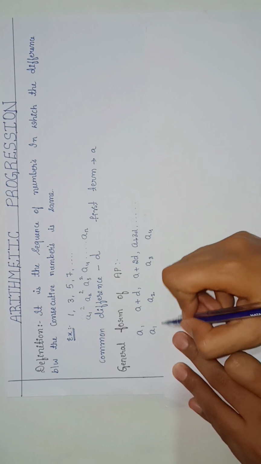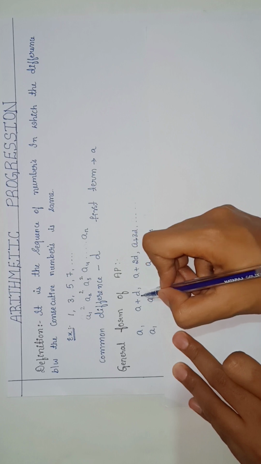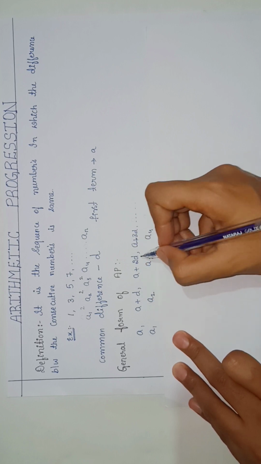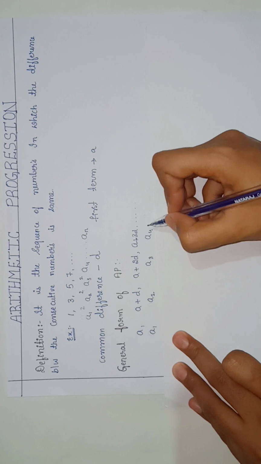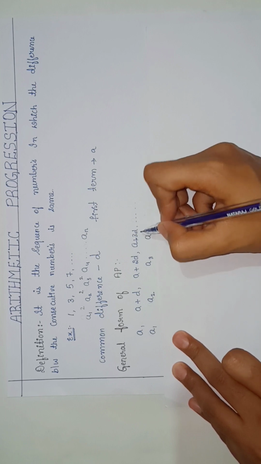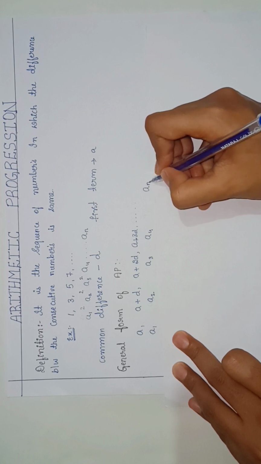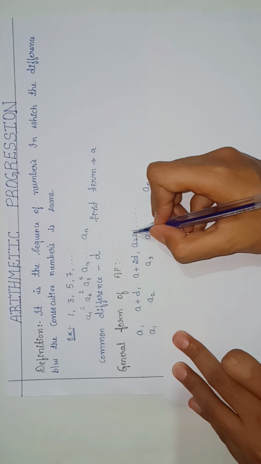Now observe here: for the second term, the coefficient of d is 1. For the third term, the coefficient of d is 2. And for the fourth term, the coefficient of d is 3. So basically, if I consider an as the last term, what will be the coefficient of d?